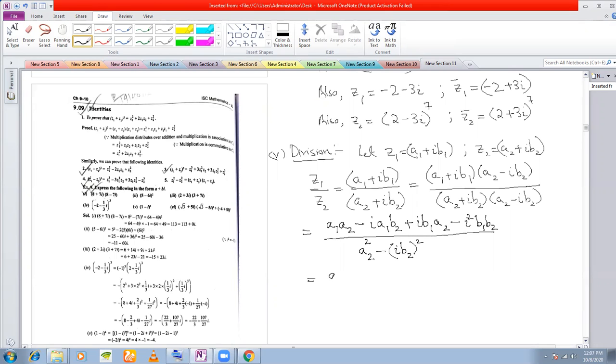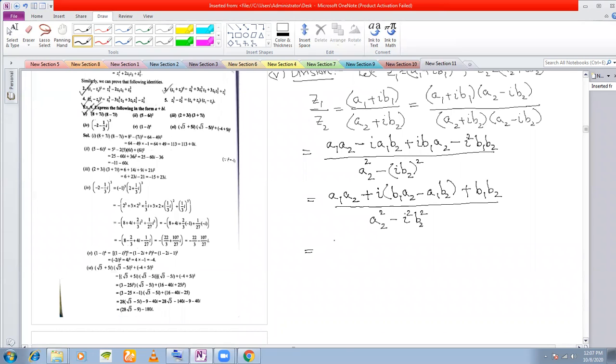So this is a1 a2 minus, take the imaginary parts together. We can take i common. We get b1 a2 minus a1 b2. And i square is minus 1, minus combined becomes a plus, b1 b2, divided by a2 square minus i square b2 square.